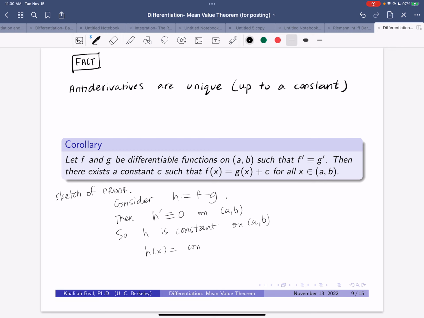And let's look at this one. This is talking about the shape of the graph. So we can use the mean value theorem to prove information about the shape of the graph of f. And just as a reminder, we talked about this earlier in the semester, but let's go back and refresh. A function is increasing if, let's see here, what's the definition of increasing?